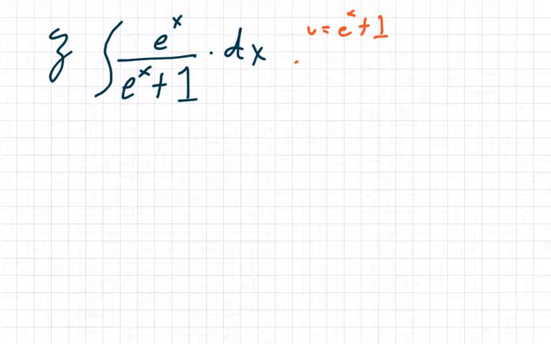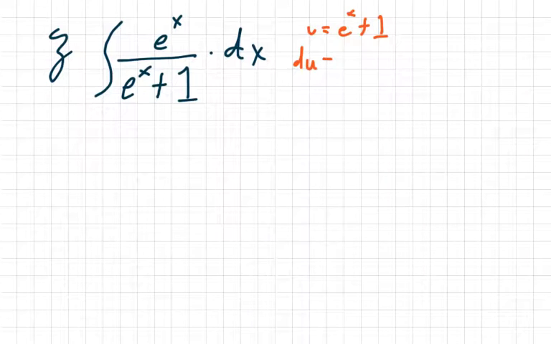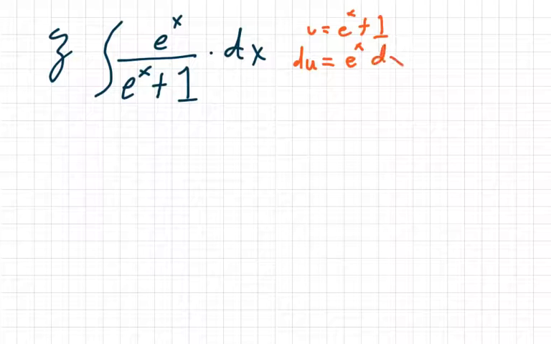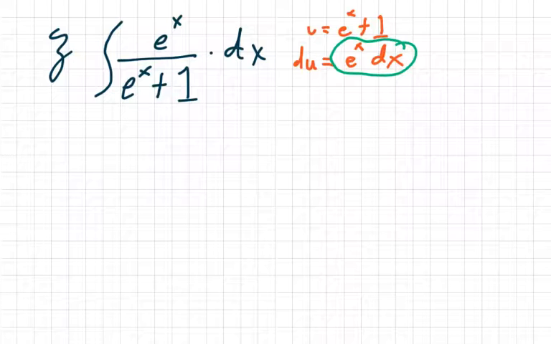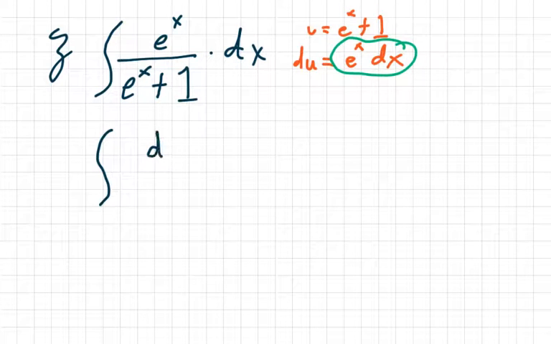So when I do this now, I get the derivative of u equals the derivative of e to the x is just e to the x, derivative of 1 is 0, dx. So again, I notice there's my other function and it matches exactly the way it is in the question. So when I go back and substitute everything in, I get du over u.